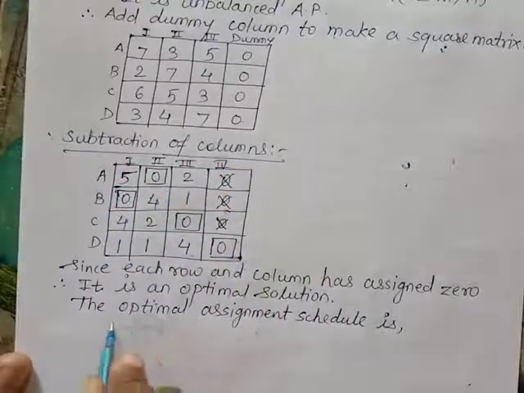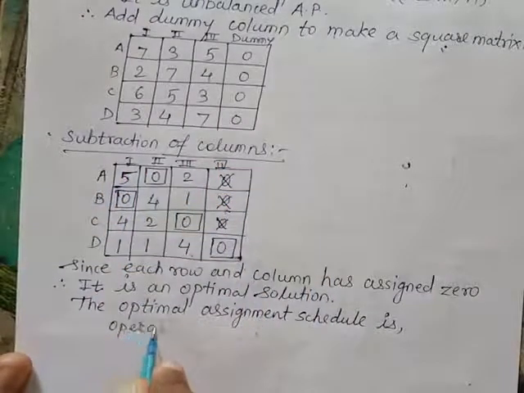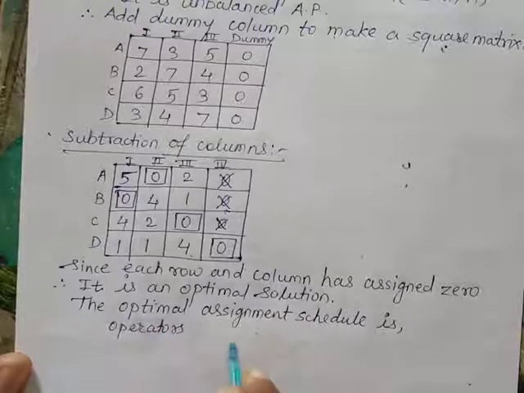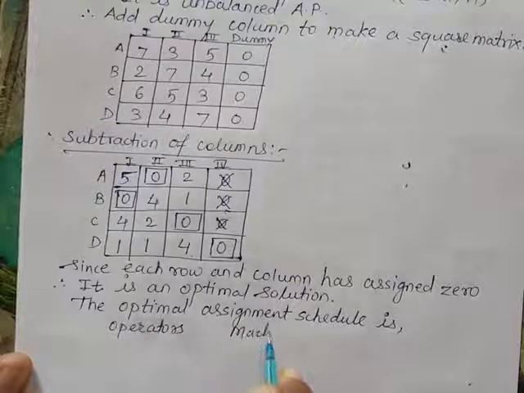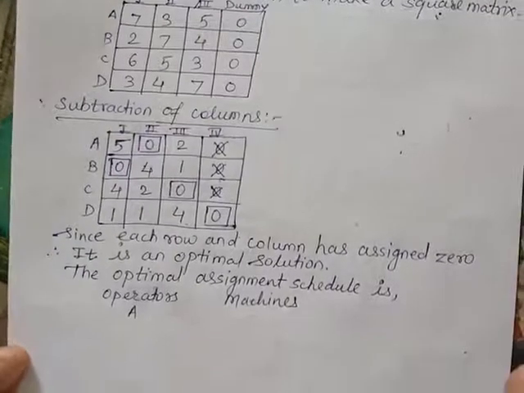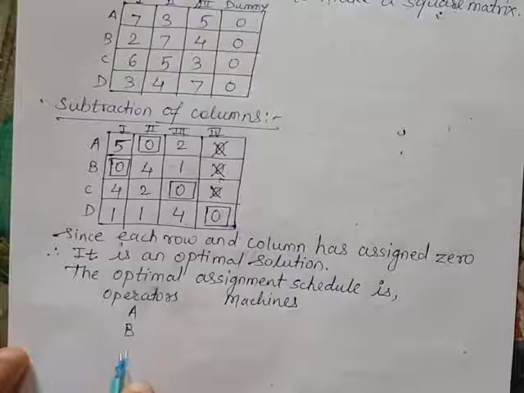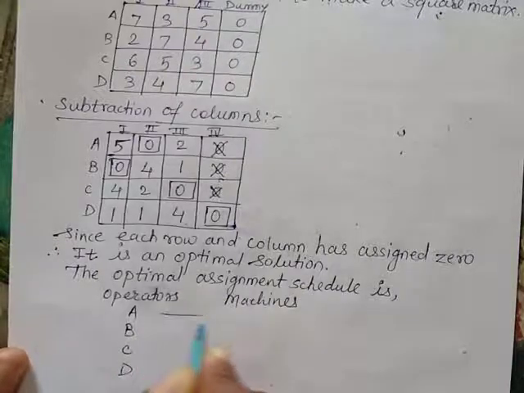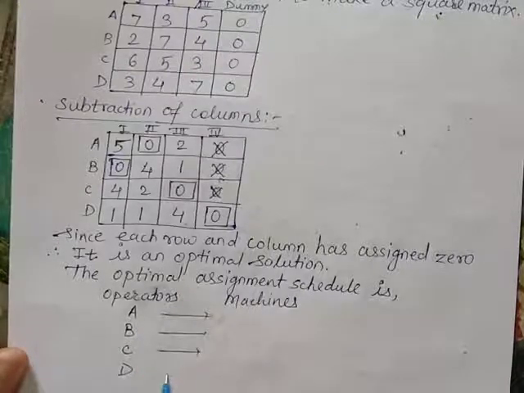So here let me write the operators and here the machines. The operators are A, B, C and D. The corresponding assignment wherever we have done.